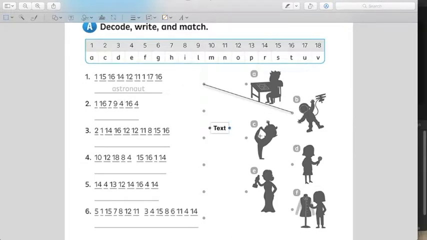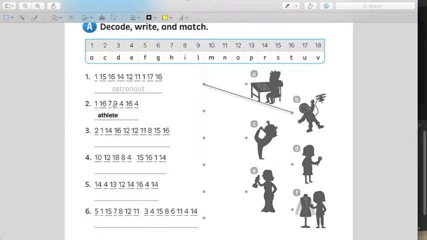Number 2, what is this letter? We have 1, which is A, 16, which is T, 7 is H, 9 is L, 4 is E, 16 is another T, and 4 again.